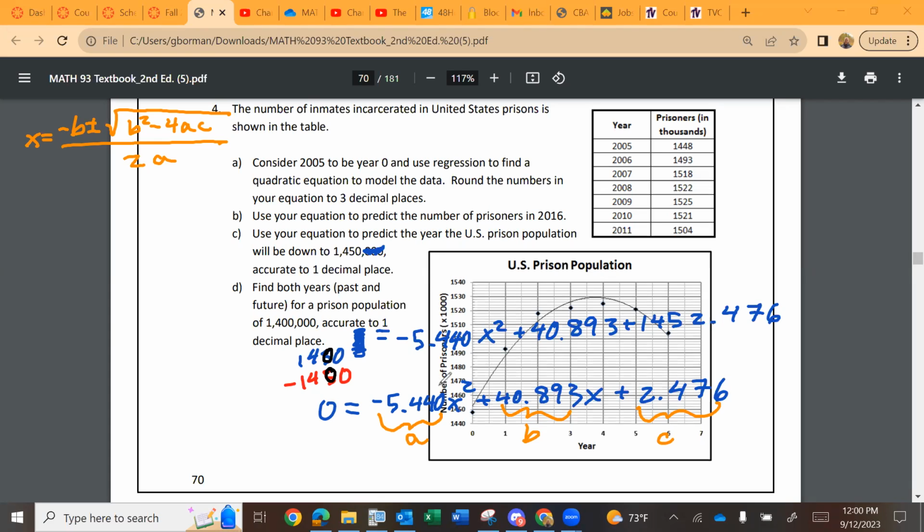You're going to subtract 1400 from both sides. And then everything else you do identically to what I just did on part C. Anyway, that should help you out. And don't forget to look at the examples that the author has too.